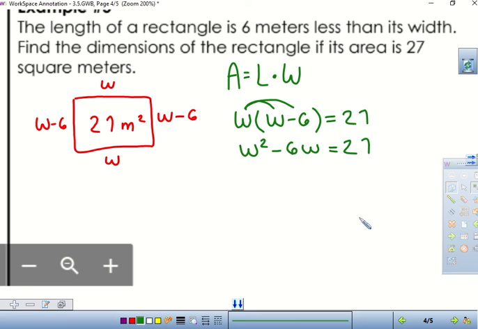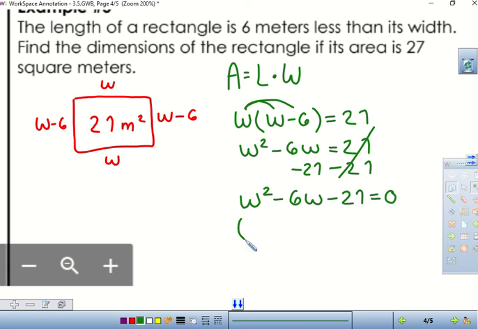And then what can I do with that 27? W squared minus 6W minus 27. And then I can factor it, can't I? What are factors of negative 27 that add up to negative 6? Very good. If I set these equal to 0, I get W equals 9 and W equals negative 3.